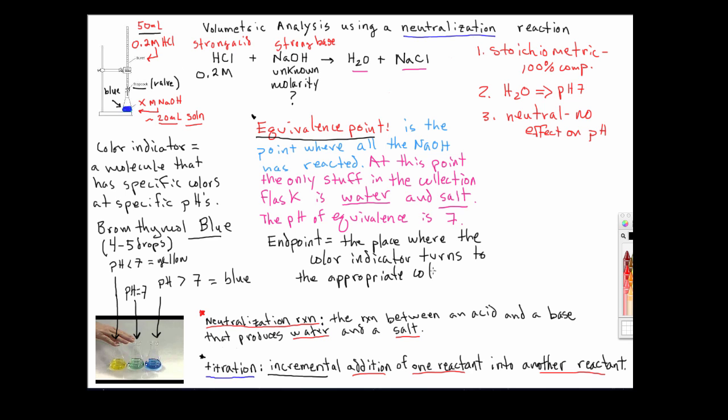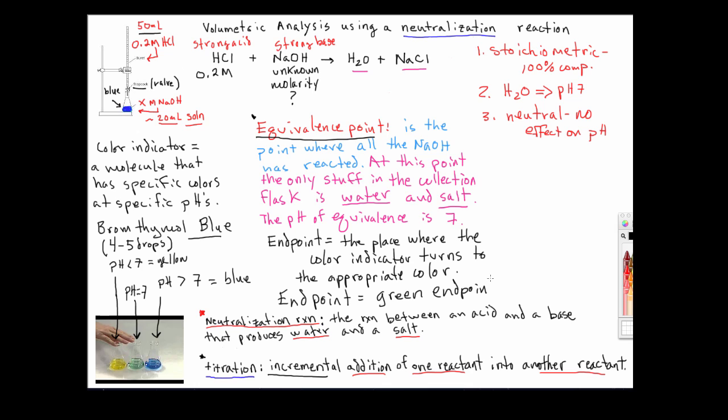All right, now, in the case of bromethymol blue, the color green is the endpoint. So we would say our endpoint for the above titration, the endpoint here is going to be what we call the green endpoint.